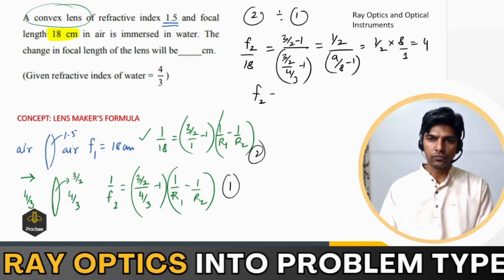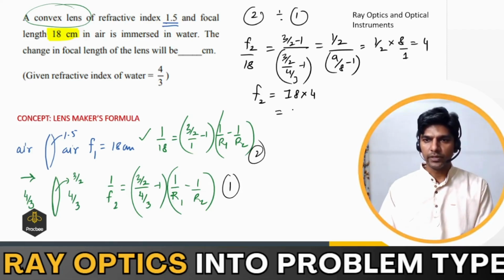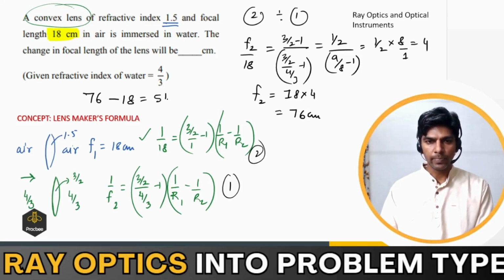So f2 comes out to be 18 times 4, that comes out to be 72 centimeter, and we have to find the change in the focal length. So 72 minus 18, so that will be 54 centimeter. So 54 is the answer of this question.